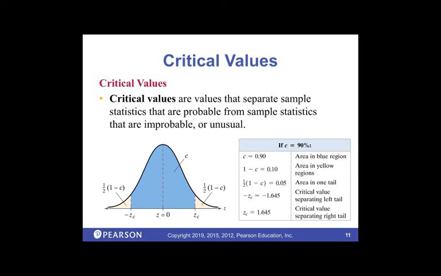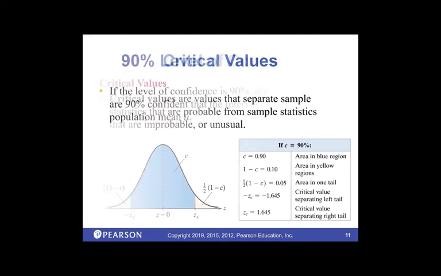Okay. So then the critical values separating these are going to be negative z sub c, the left critical value separating the left tail, and positive z sub c, the right critical value separating the right tail. So we have the improbable or unusual events on the far left and right, and the probable events in the center.